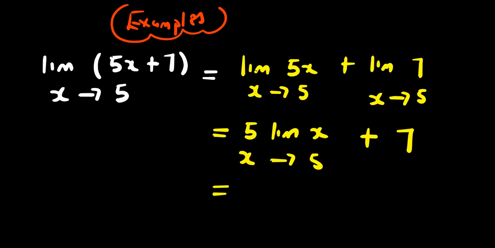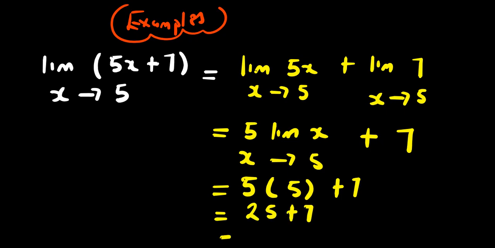You know that if you have the limit of a letter or a variable, in this case x, we're going to replace x with the number that we're approaching, which is 5. So where there is x we're putting 5, plus a 7. 5 multiplied by 5 is 25, plus a 7. In this case, you're just going to have 32. So that will be your answer.